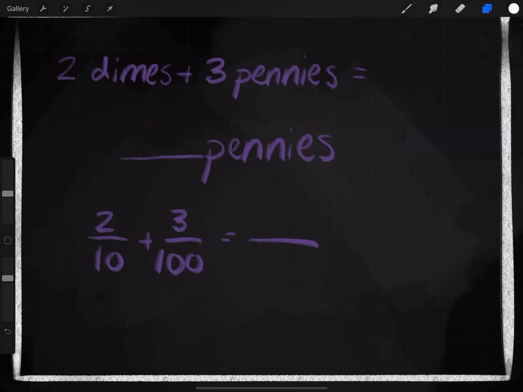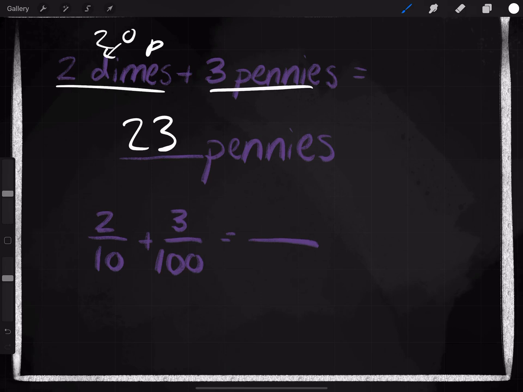and then 2 dimes plus 3 pennies equals how many pennies if you just made it into pennies? So this would be 20 pennies. So 23 pennies would be 2 dimes plus 3 pennies.